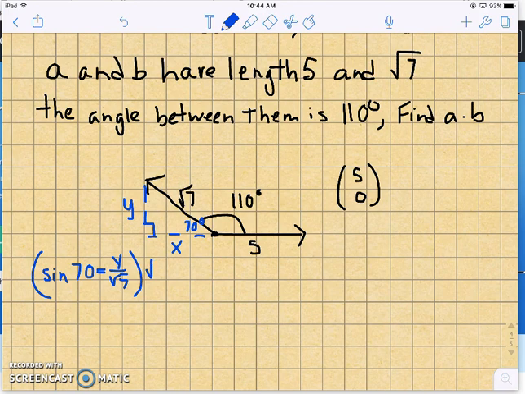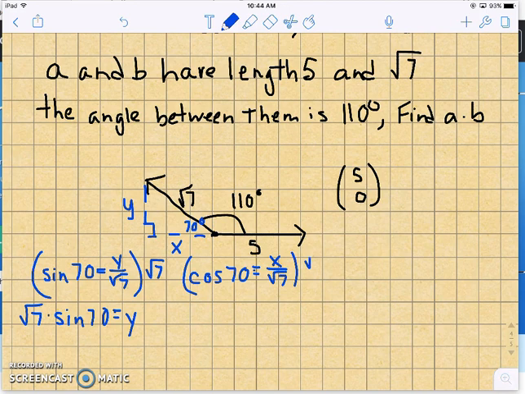Multiply by the square root of 7, so the square root of 7 times the sine of 70 equals y. And then for x, adjacent over hypotenuse: the cosine of 70 equals x over the square root of 7. Multiply by the square root of 7, so the square root of 7 times the cosine of 70 equals x.